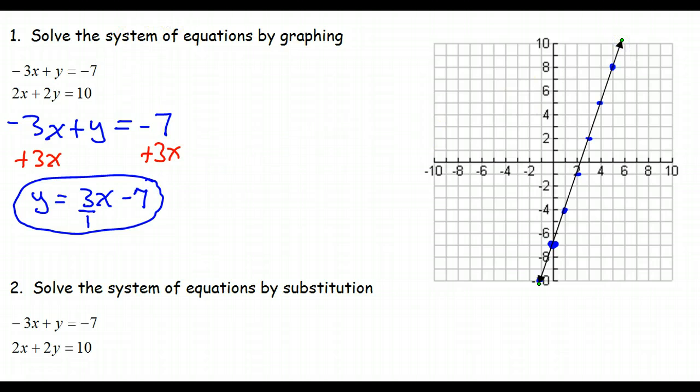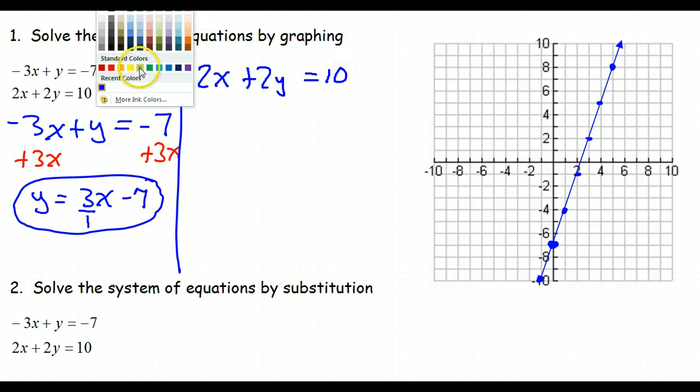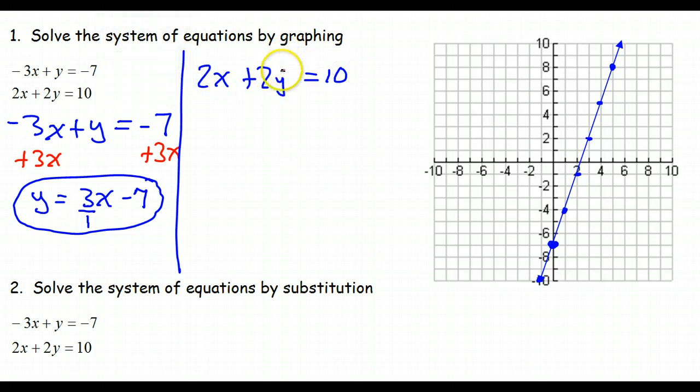Alright, so there is my first line. Now look at the other line, which is 2x plus 2y is equal to 10. I'll change colors though. Again, I need to get this y by itself, so I'm going to subtract 2x from both sides like this.